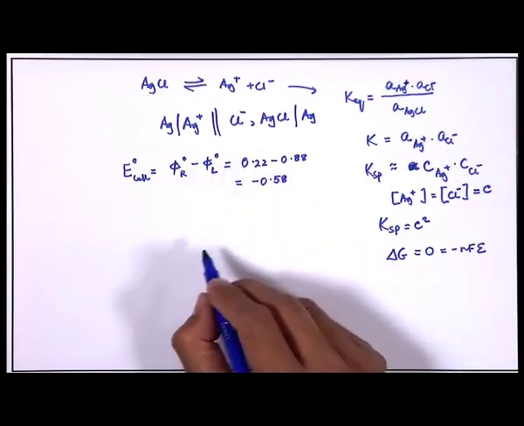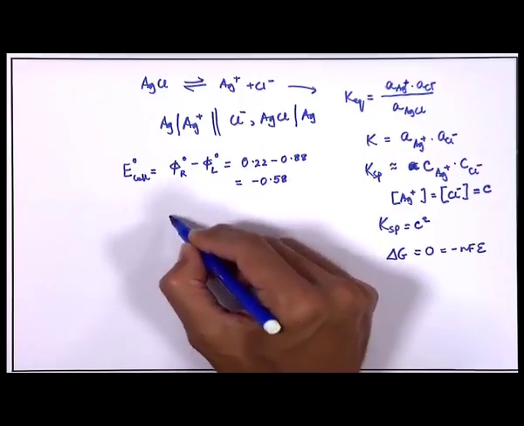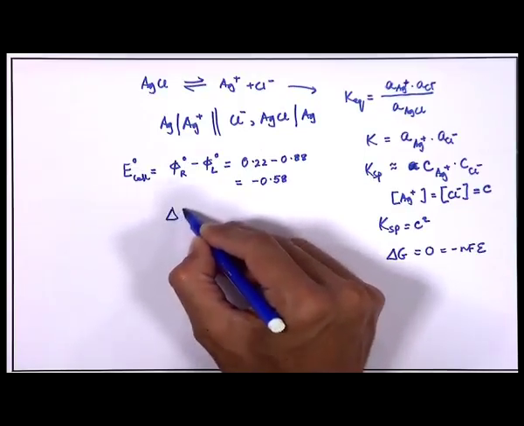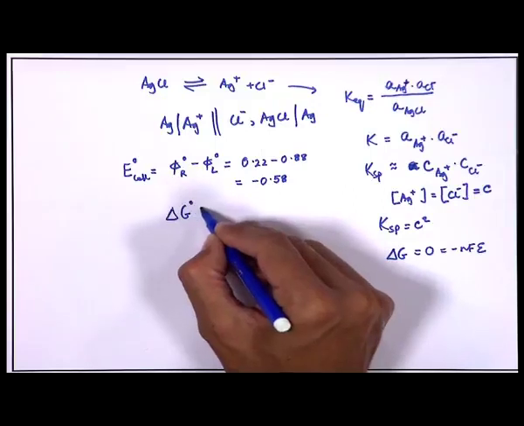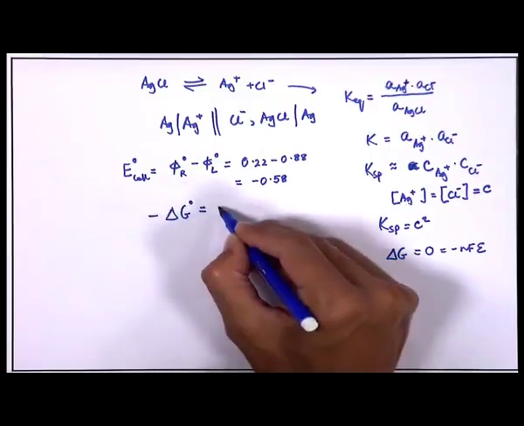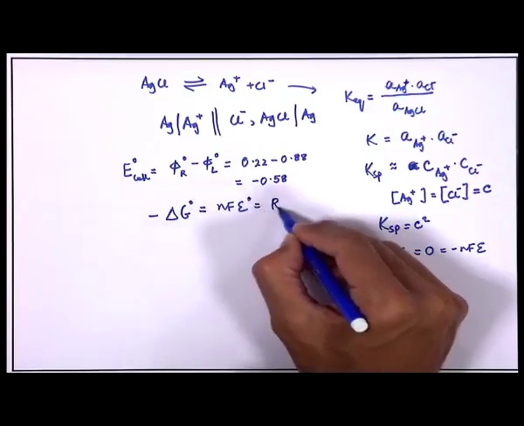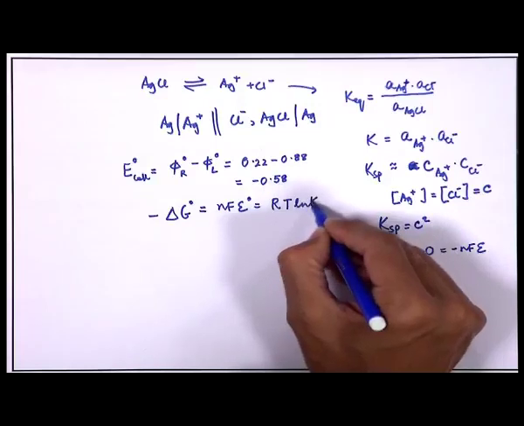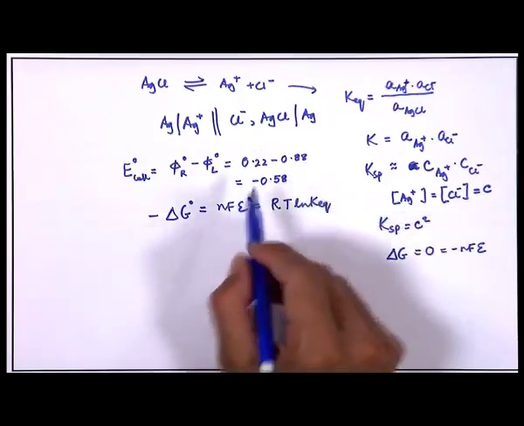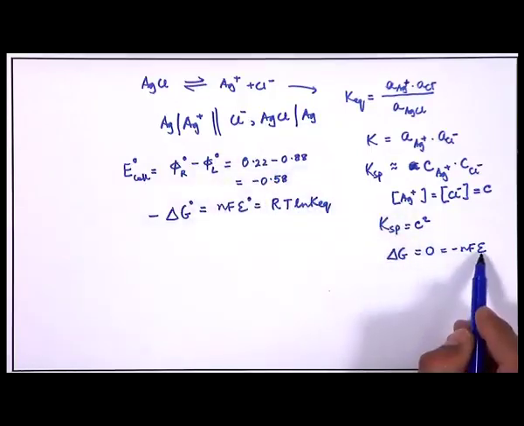Therefore, we can write from the Nernst equation that minus delta G0 is equal to nFE0, which is equal to RT ln K equilibrium, because at equilibrium the cell is not producing any electricity, because E is equal to 0.